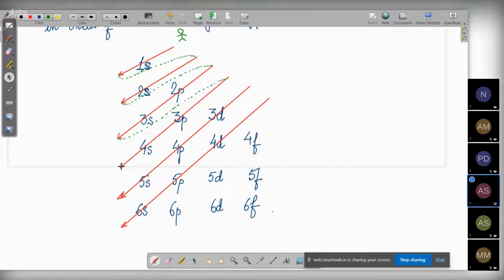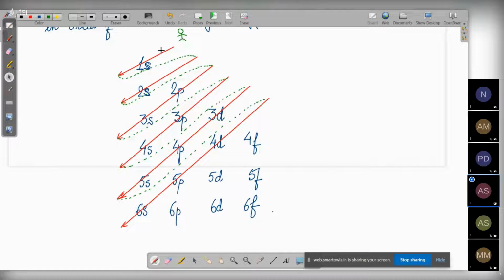Then 4s. Then 3d. Then 4p. Then 5s. Then 4d, 5p, 6s. So this is how electrons occupy the orbitals.